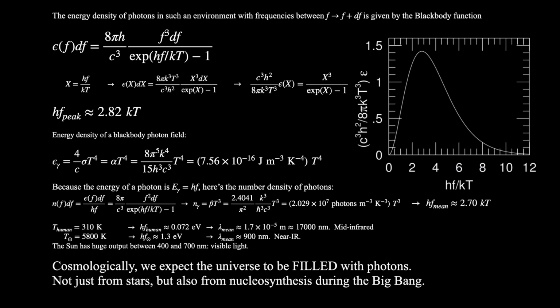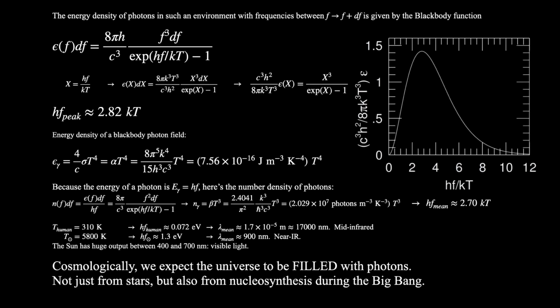This also leads us to the mean energy, not the peak energy, but the average energy, which is about 2.7 times kT, the typical energy at that temperature. Wow, that's a lot about blackbodies. How can we put this to some use?